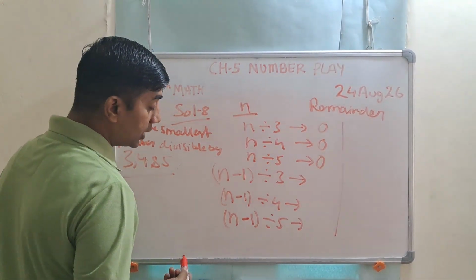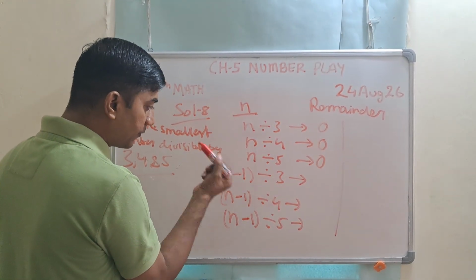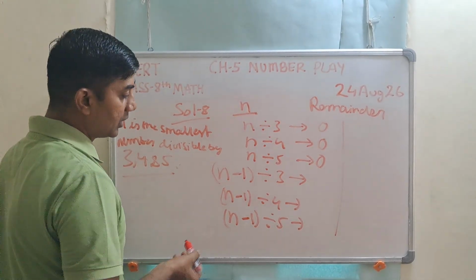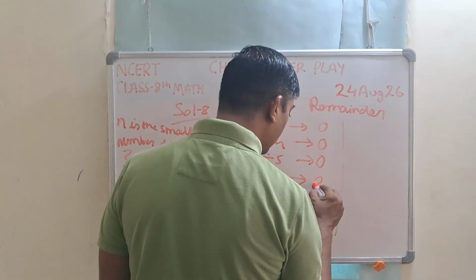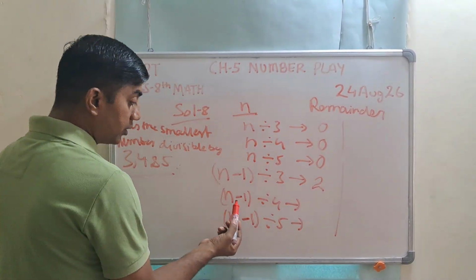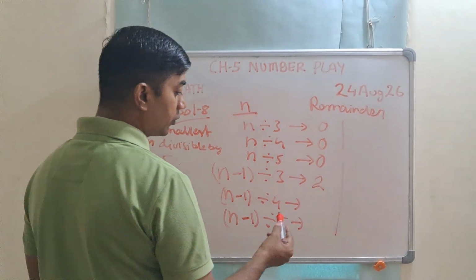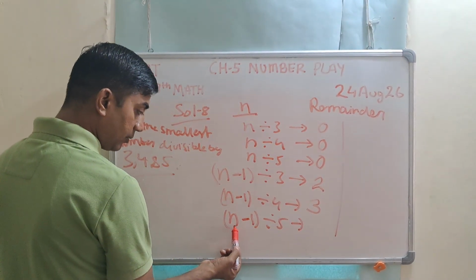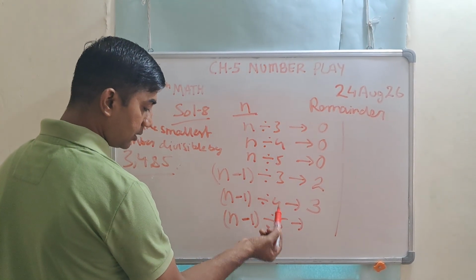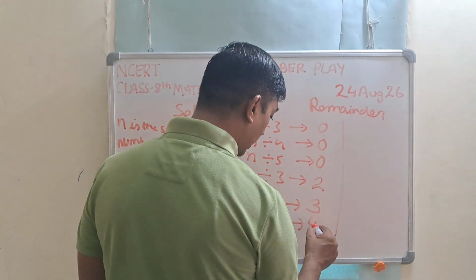Now when you subtract 1 from that number, you will get the remainder 2 for 3, the remainder 3 for 4, and the remainder 4 for 5. Understood? Why?